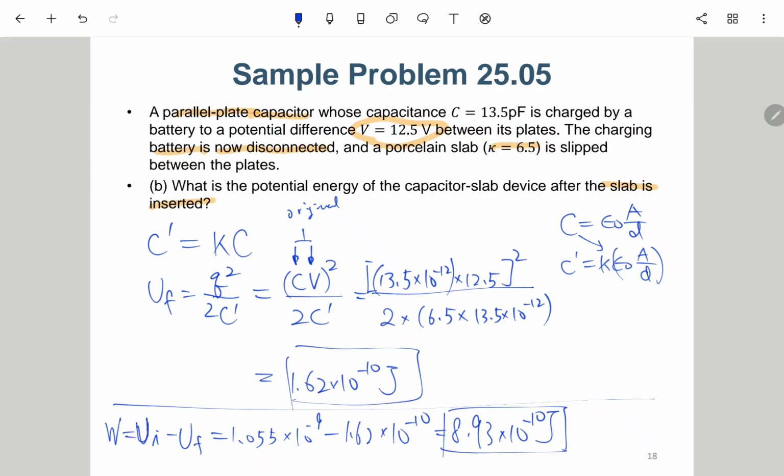And by substituting UI by UF, we get the work done. So actually we need to do some work to really put this slab into the capacitor. And actually the energy is absorbed by the dielectric.